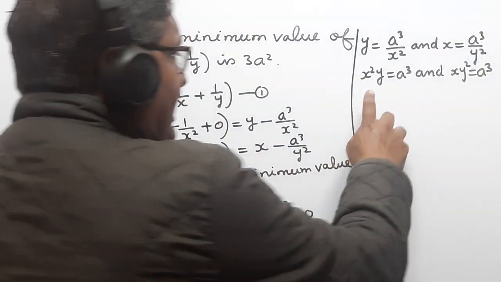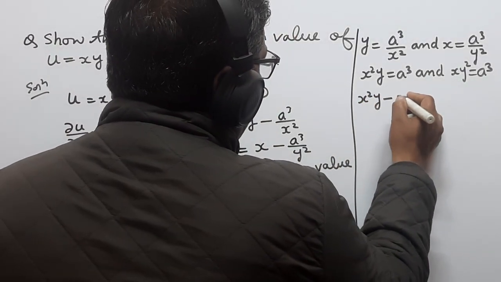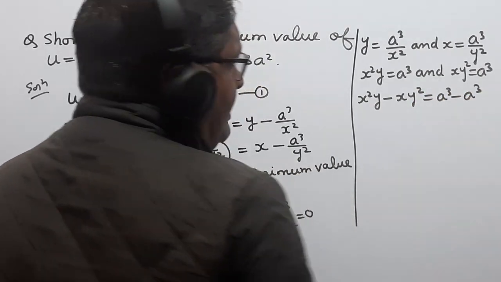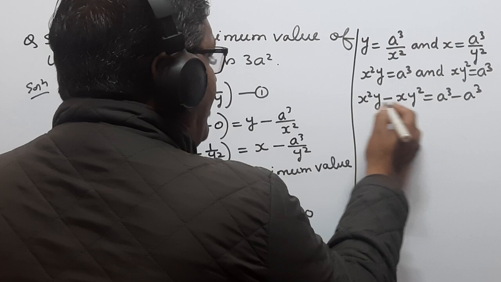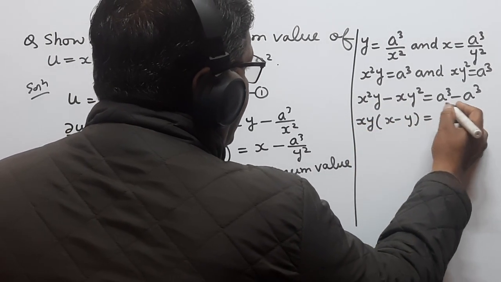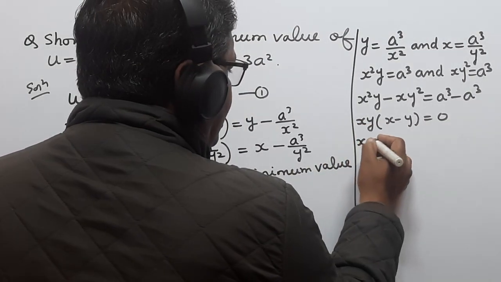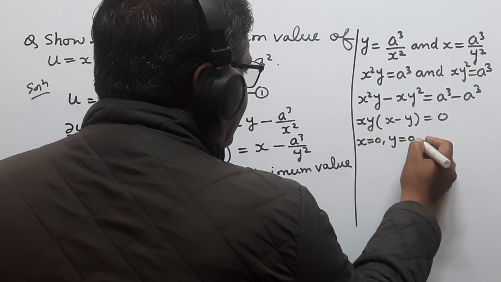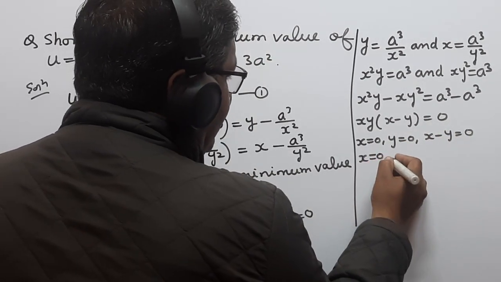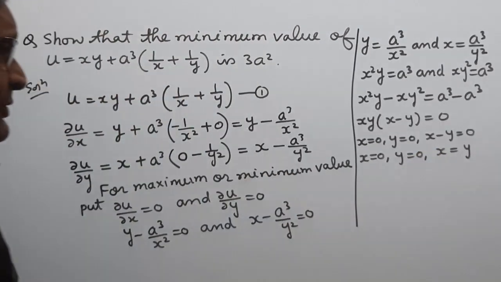Now we subtract these two equations, so we get x²y − xy² = a³ − a³. Taking xy common, we get xy(x − y) = 0. Now x is 0, y is 0, and x − y = 0. So we get x = 0, y = 0, and x = y.